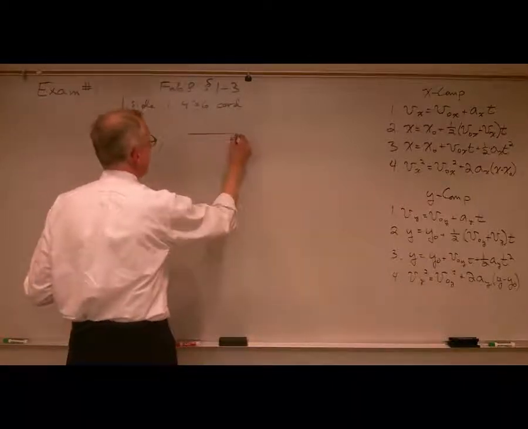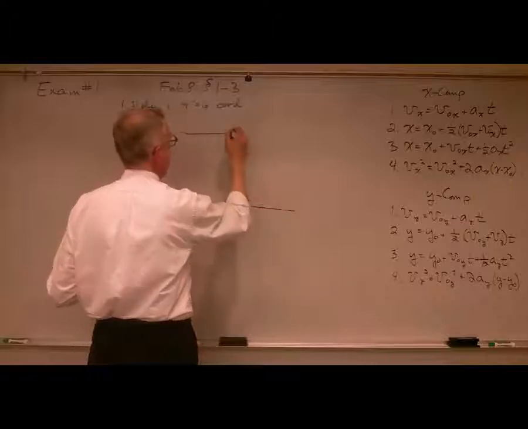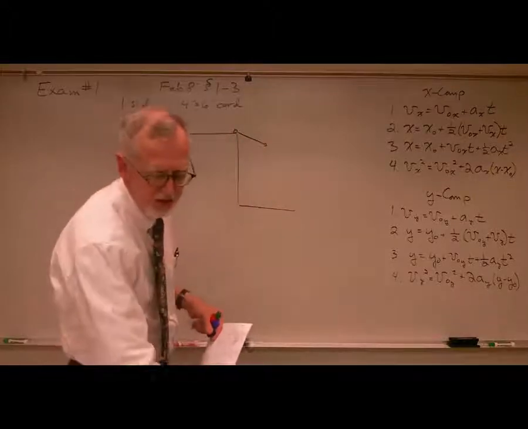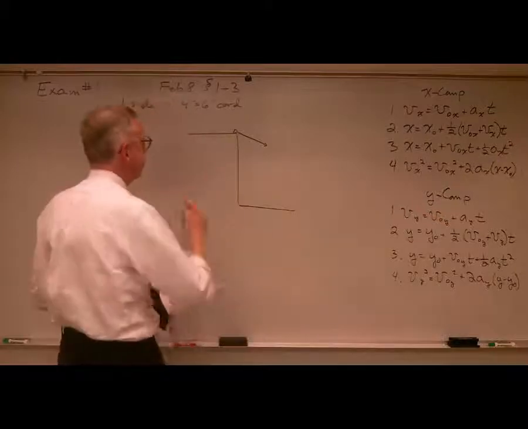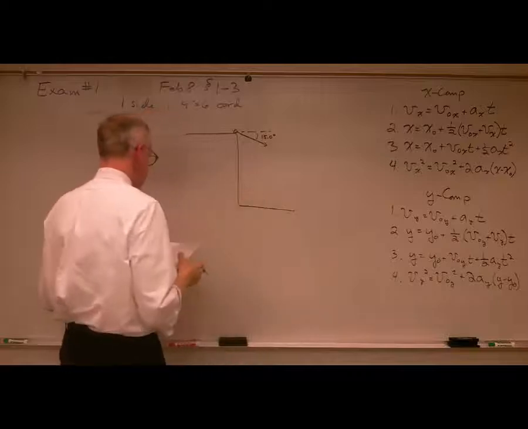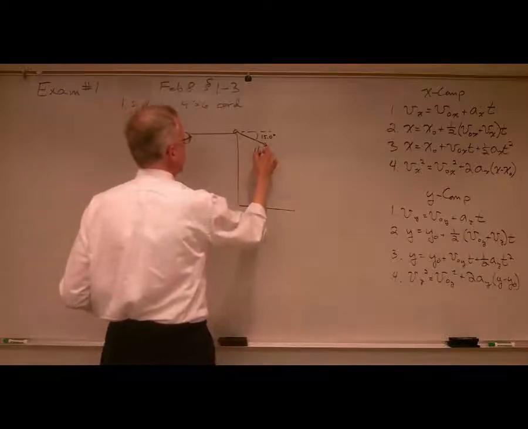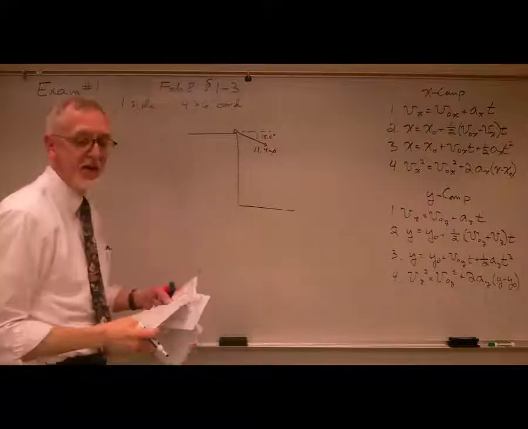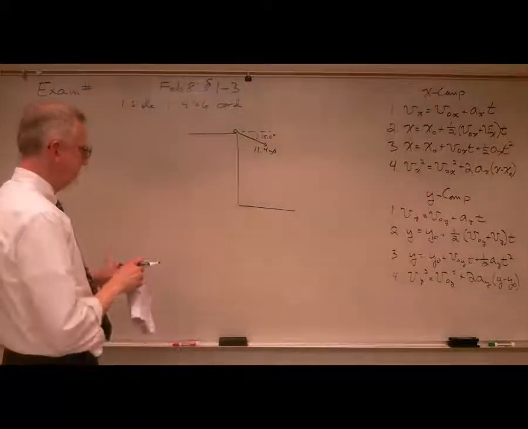So, here's a cliff. The ball comes off the edge at an angle of 15 degrees below the horizontal, with a speed of 11.4 meters per second. Qualitatively, what's this motion going to look like?